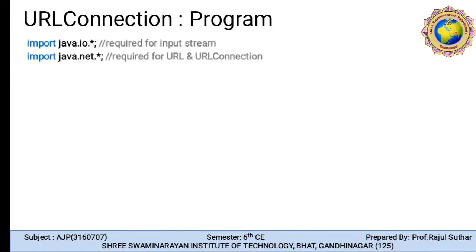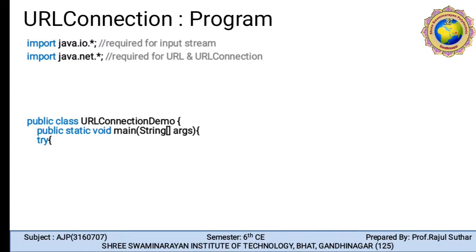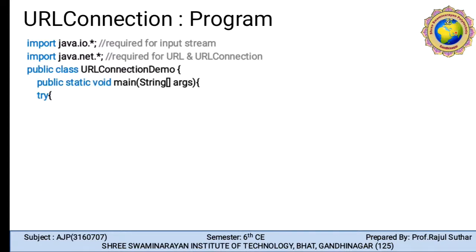Let me discuss with one program. Import java.io.*, where star means all files of IO input output streams. Import java.net.*, since URL and URLConnection are covered in the java.net package. Public class URLConnectionDemo, we create one class.